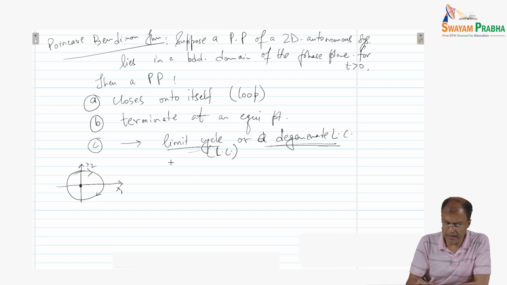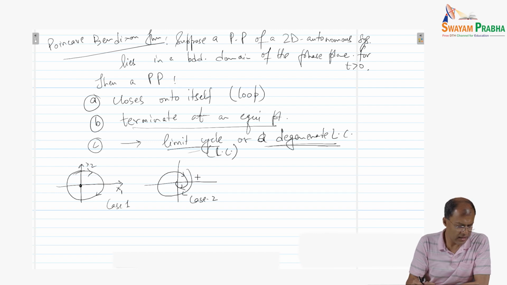The second case is when the path terminates at an equilibrium point. So in case 2, we see the phase path tending towards an equilibrium point.